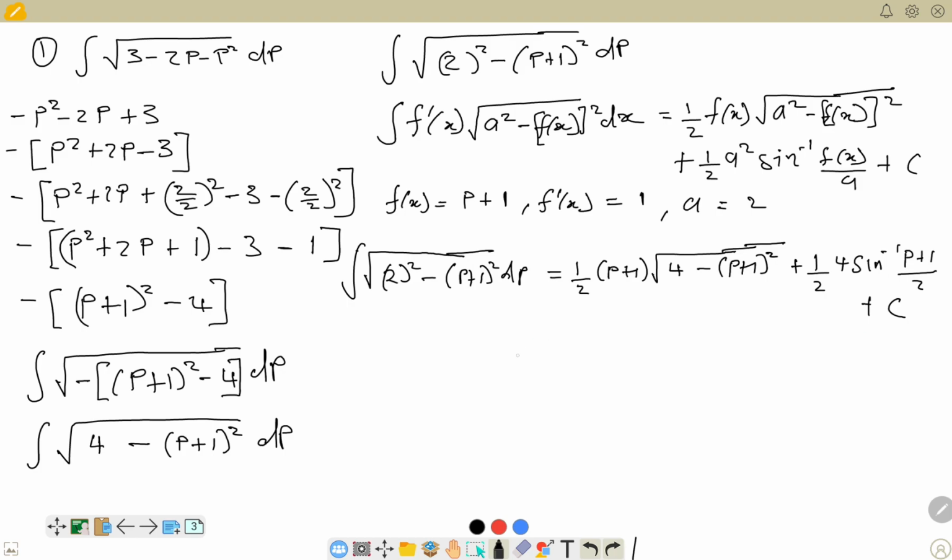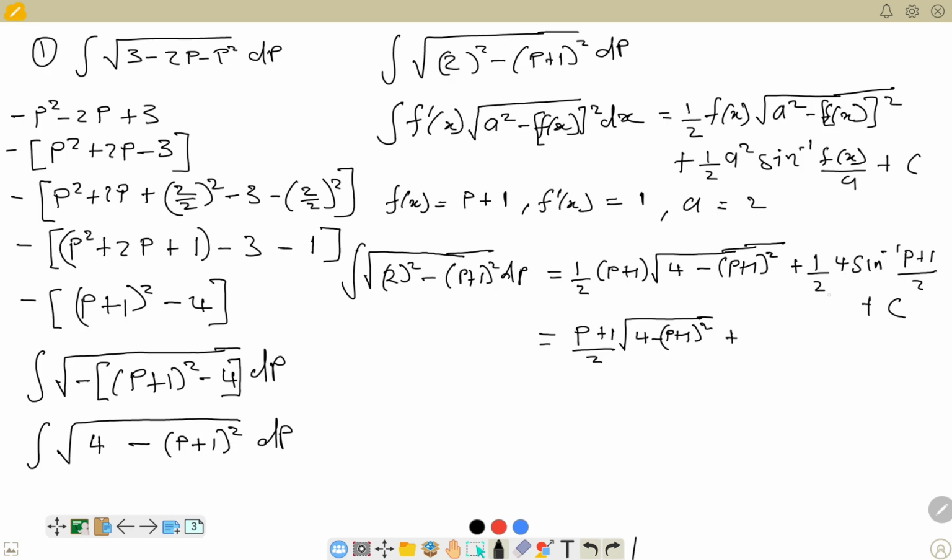This can be simplified, but it's good enough right now. Simplifying is not going to be a problem. We can just rewrite it in a nice format. Now we can have p plus 1 over 2, times the square root of 4 minus p plus 1 all squared.